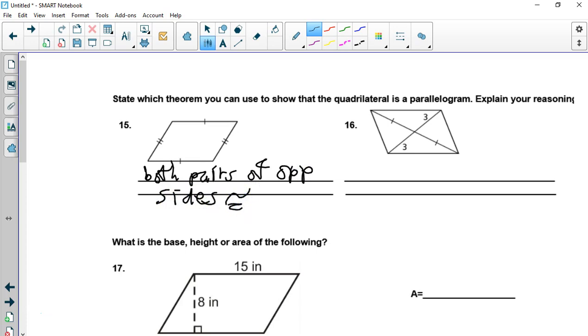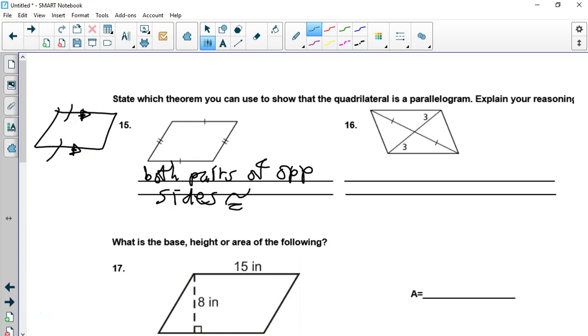If both pairs of opposite sides are congruent, we have a parallelogram. If only one pair of sides is marked congruent, they must also be marked parallel. So, for example, if we have these marked congruent, as long as these are marked parallel, we also have a parallelogram.